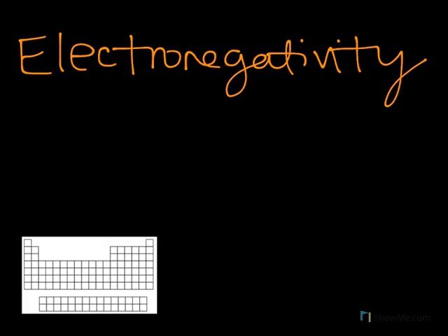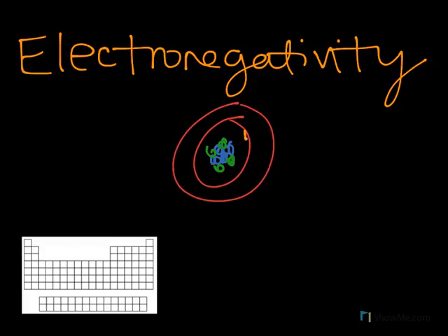The last trend I want to talk about is electronegativity. Electronegativity means if you're an atom and you have protons and neutrons and electrons, what are the chances, or how attractive would you be to an electron on another atom that's looking to leave?